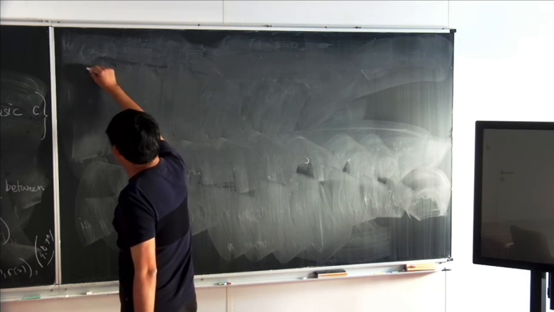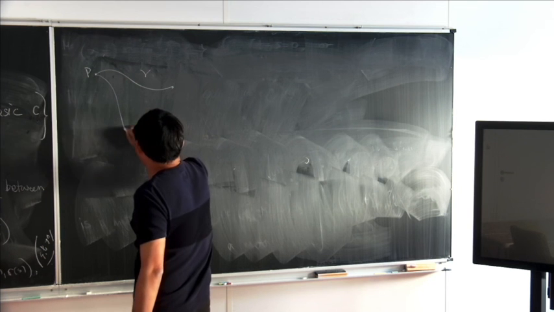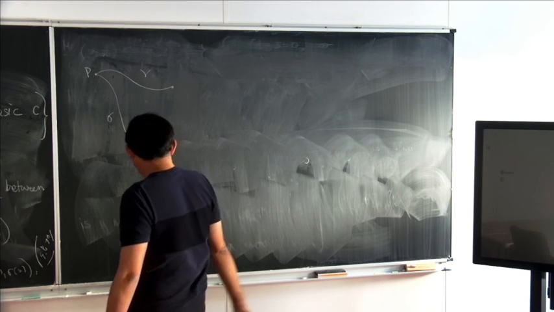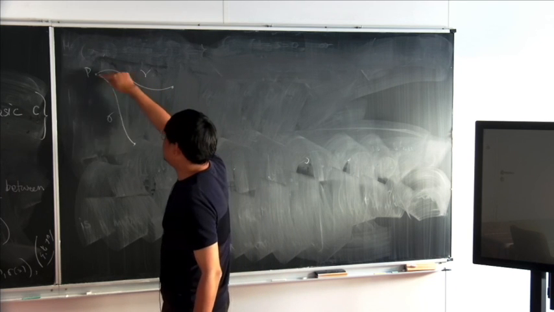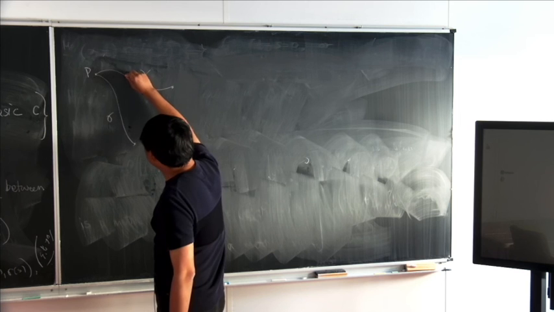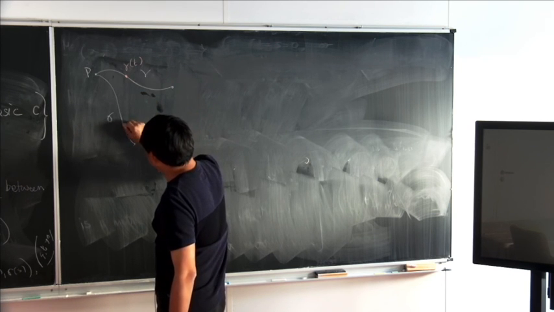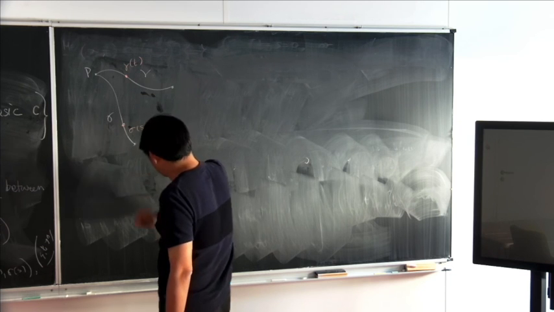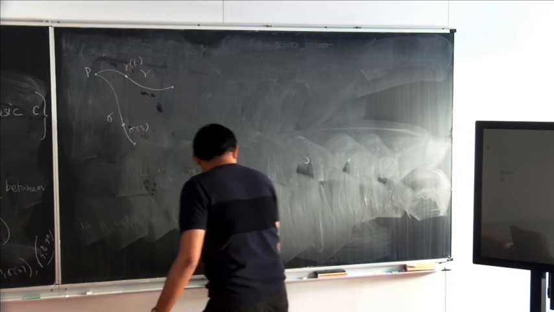Okay, so suppose we have P, we have gamma, and here sigma. We take any intermediate points on gamma and on sigma. So suppose you have here gamma T and here sigma S. S and T belong to the open interval 0 to 1.